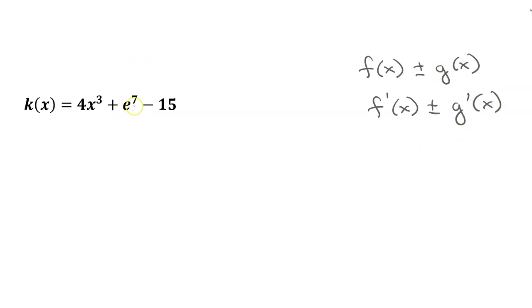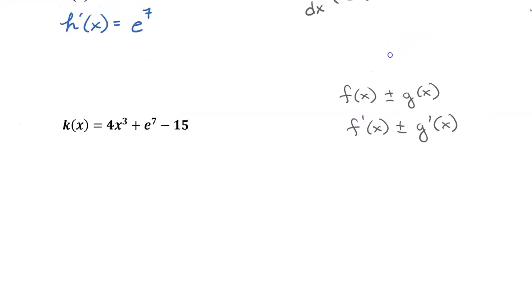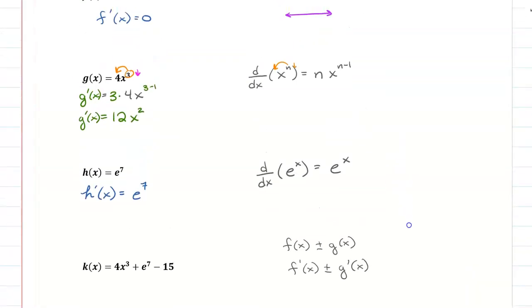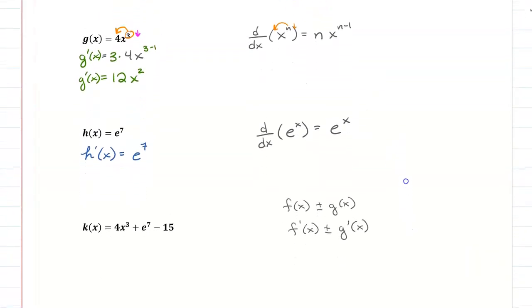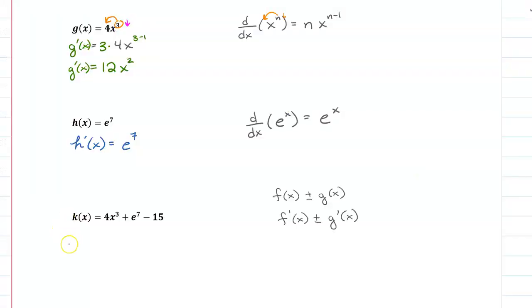So if we take all these pieces, which if you noticed, we actually found above, then the derivative of k of x will be the derivative of f of x plus the derivative of, oops, excuse me, that was g of x, wasn't it? That's h of x and f of x. No problems.